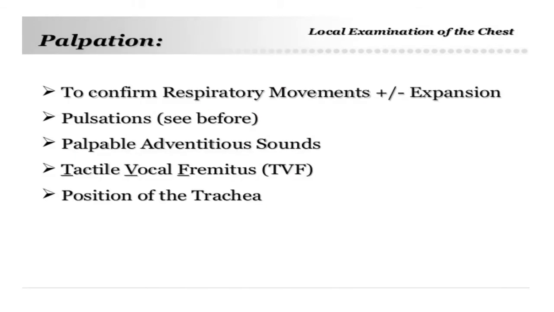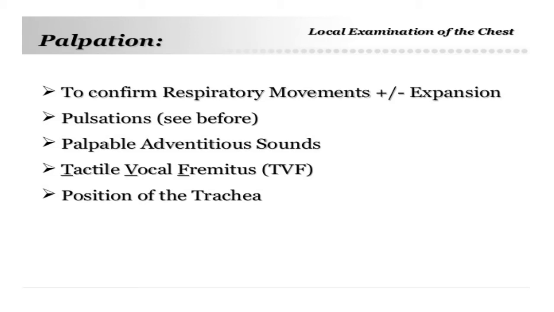So now let's come to the palpation of the chest. How to palpate the chest? In palpation, first of all, you have to check the respiratory movements. If there is any pulsation, you will feel it. Any palpable sound like rhonchi or wheezes can be palpable.